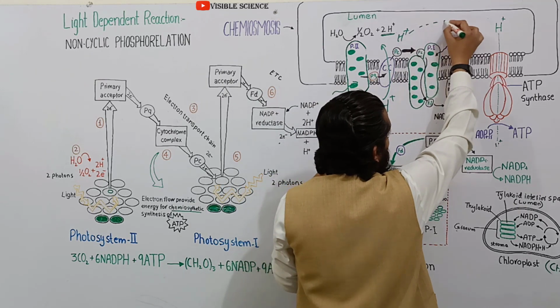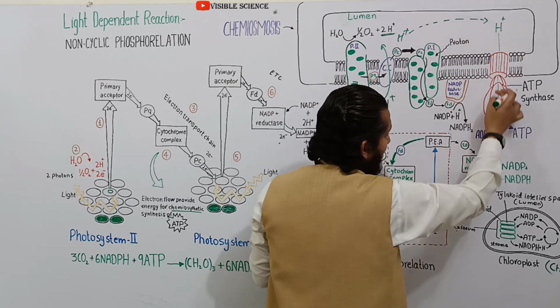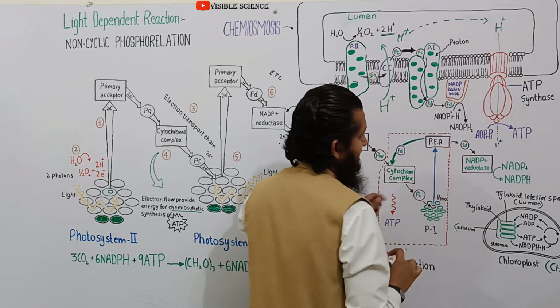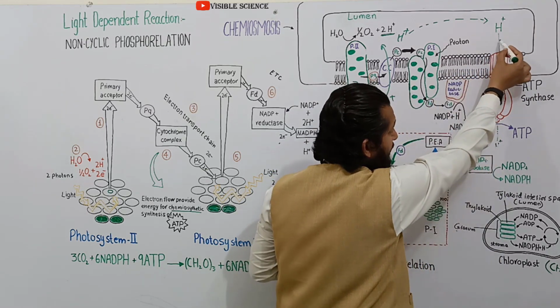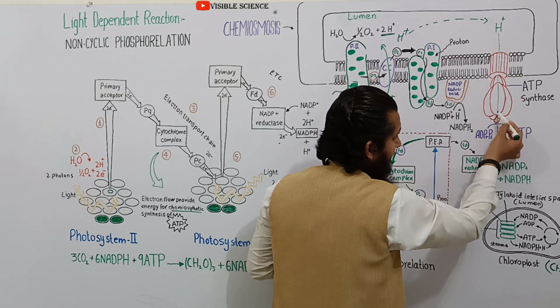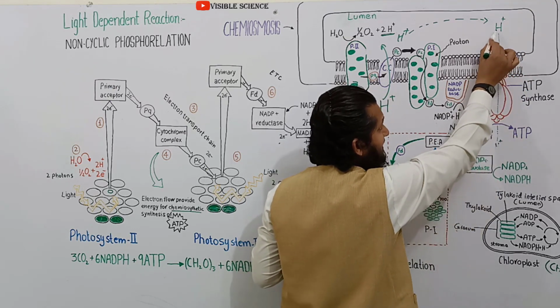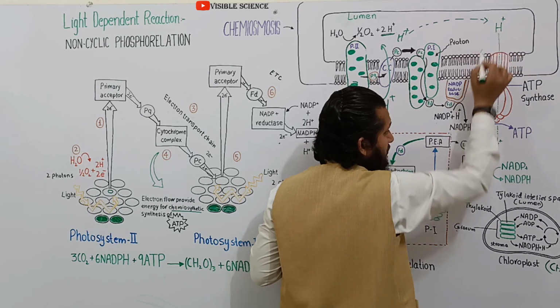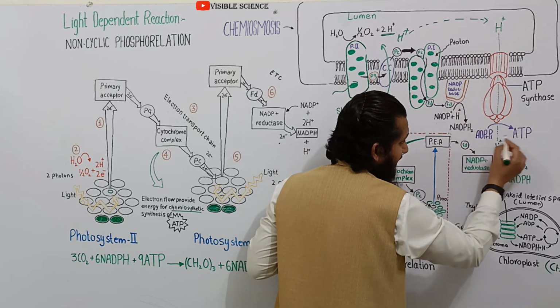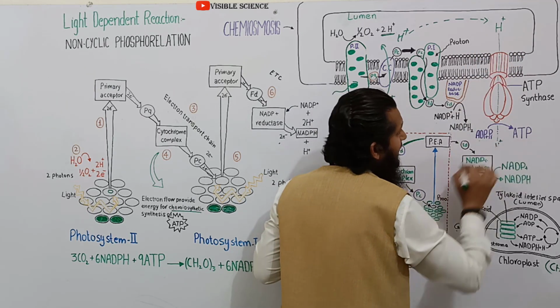And these hydrogen ions pass through another enzyme, ATP synthase. When the hydrogen ions move through this ATP synthase, the stored potential energy is utilized for the production of ATP from ADP.